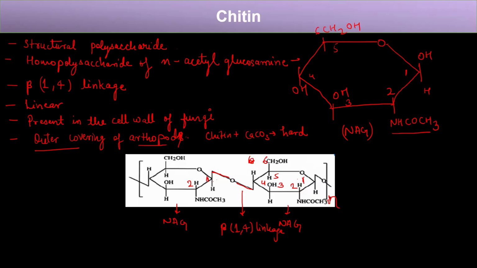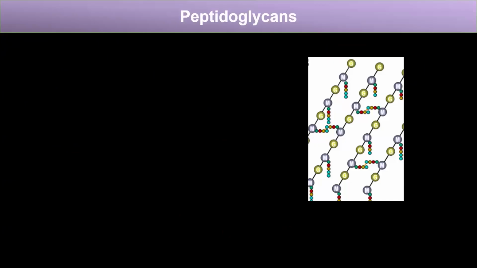Now, the next polysaccharide that we are going to study is peptidoglycans. What are peptidoglycans? These are heteropolysaccharides. Till now we have studied homopolysaccharides because they consist of only one type of monomeric unit. But peptidoglycans are heteropolysaccharides, which consist of more than one type of monomeric unit.